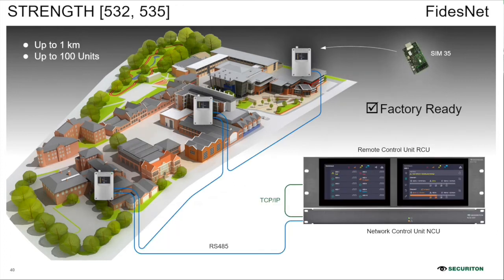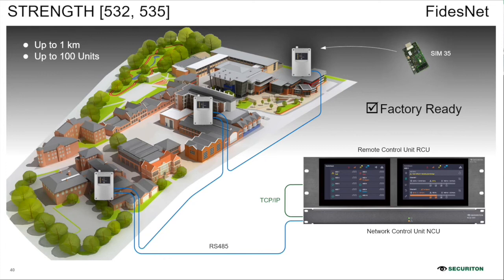The FIDOSnet network solution is typically used whenever remote visualization and operations are required. So what does FIDOSnet mean? FIDOSnet makes it possible to connect multiple aspirating smoke detectors in a network, and it also enables decentralized access.